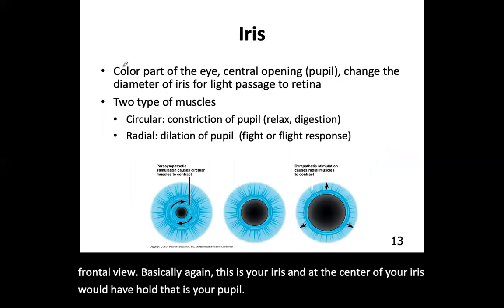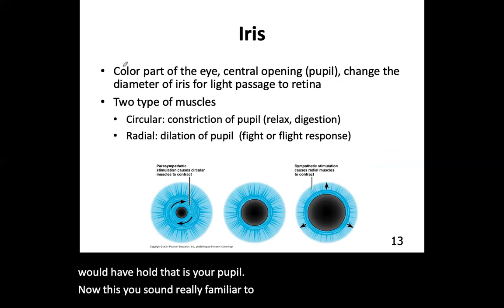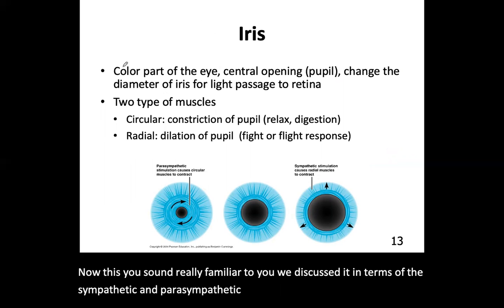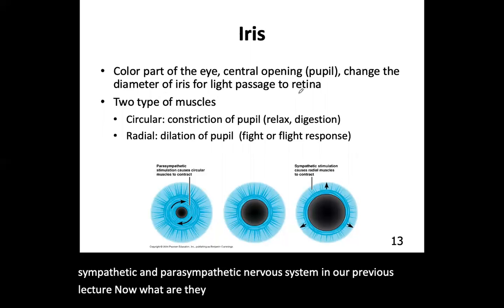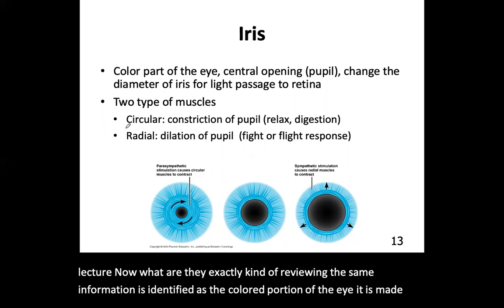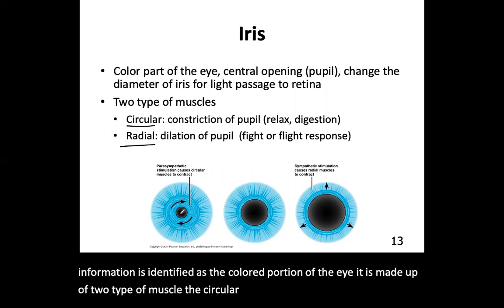Now, this should sound really familiar to you. We discussed it in terms of the sympathetic and parasympathetic nervous systems in our previous lecture. Kind of reviewing the same information, the iris is identified as the colored portion of the eye. It is made up of two types of muscle, the circular muscle and the radial muscle.